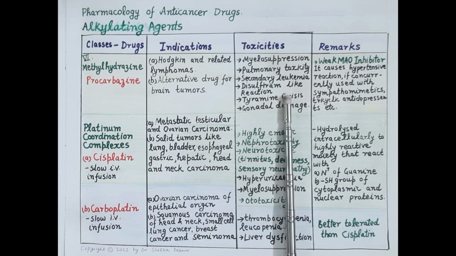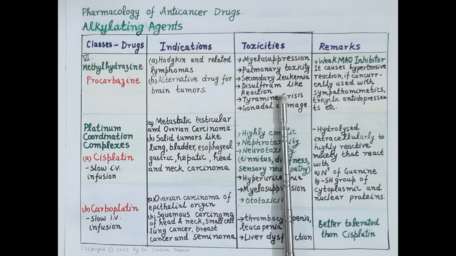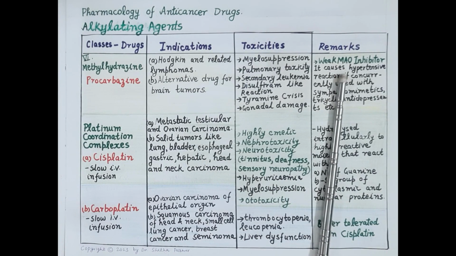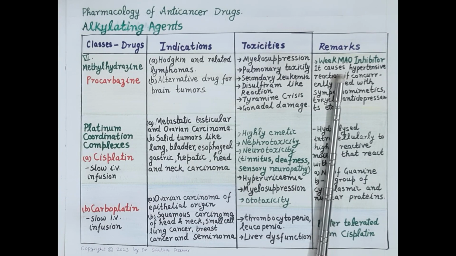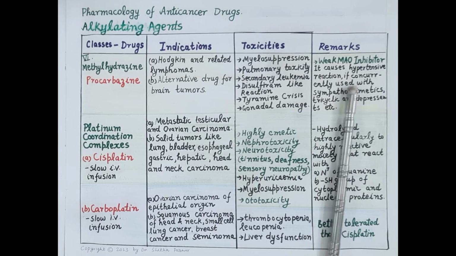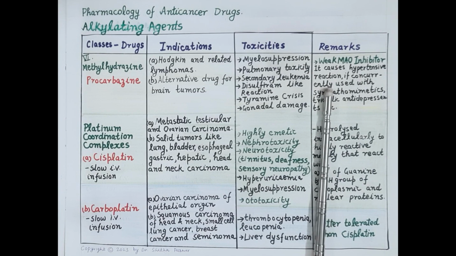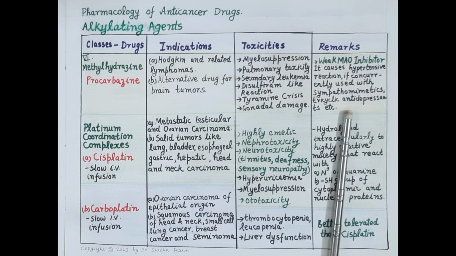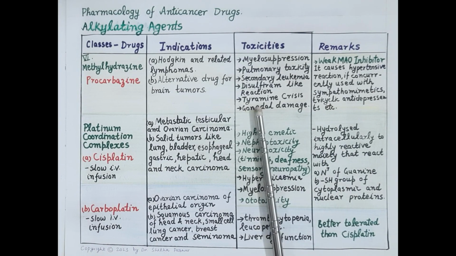Now, alcohol causes a disulfiram-like reaction in patients taking procarbazine. In addition to this, procarbazine is also a weak monoamine oxidase inhibitor. So, by inhibiting this enzyme, it causes hypertensive reactions when it is used concurrently with sympathomimetics and tricyclic antidepressants, and therefore it also causes the tyramine crisis.